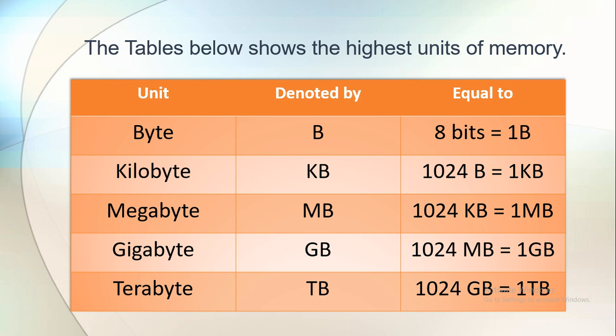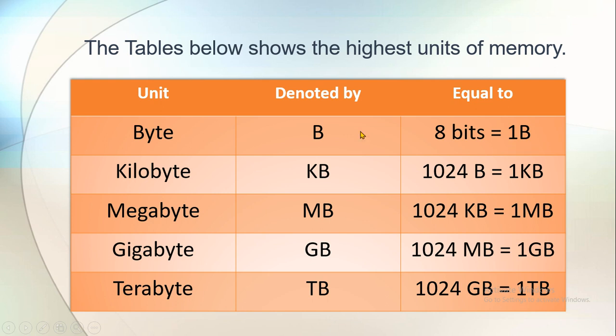Now here the table shows different types of memories and their capacities. Like you can see here a byte. Byte is denoted by capital B, and 1 byte is equal to 8 bits, or you can say 8 bits is equal to 1 byte.